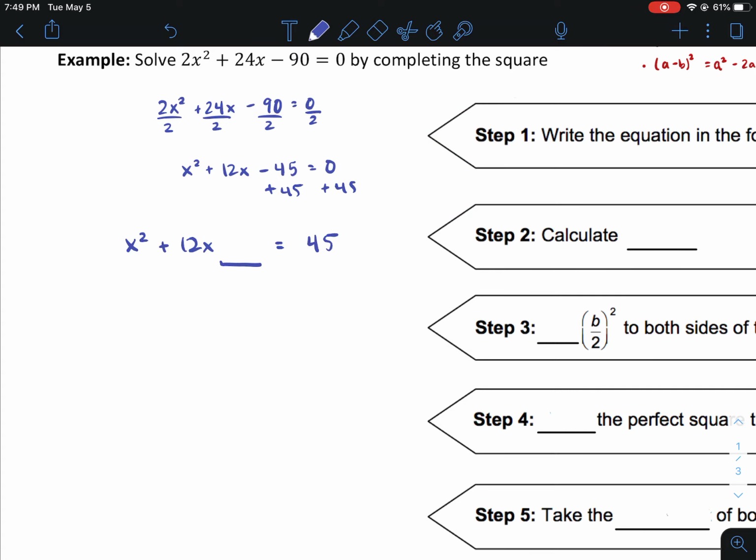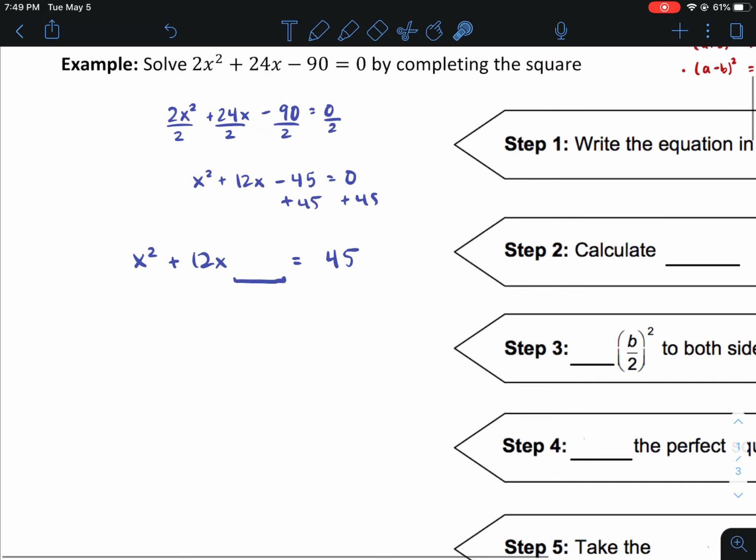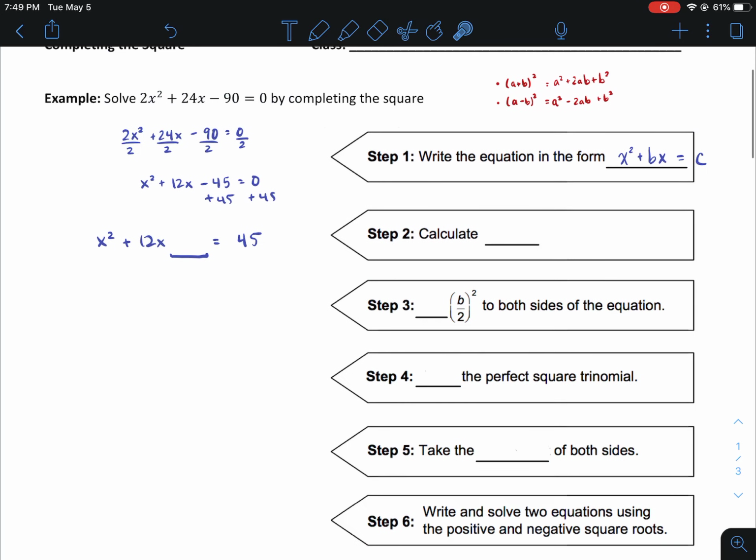This kind of leaves this blank here on the left side of my equation because we're then going to figure out what piece here is going to make this a perfect square trinomial, okay? And so if it follows our perfect square, this is going to be a squared plus 2ab plus b squared. And so really, if we can figure out what this b squared should be to make a perfect square, we can make this side of the equation a perfect square, okay? And here's what that looks like.